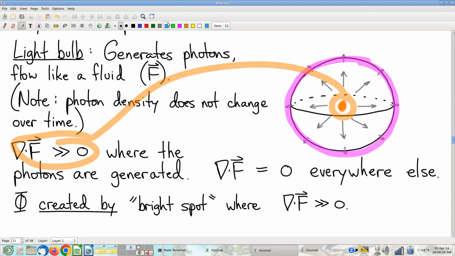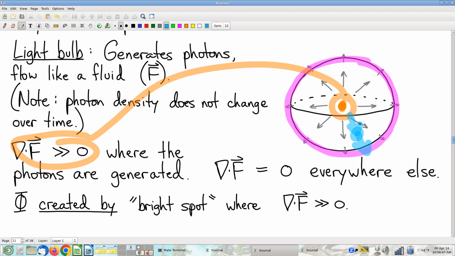Everywhere else, like along in here, let's say at this blue point right there, are there any photons coming from that spot? There's a temptation to say, well, there's a lot of photons in that spot. And the retort is, well, yeah, but they're not coming from that spot. Any photons that emanate out of that spot previously entered into that spot.